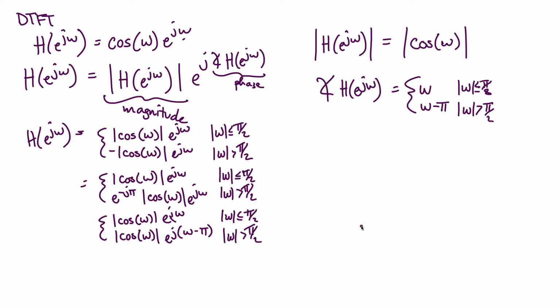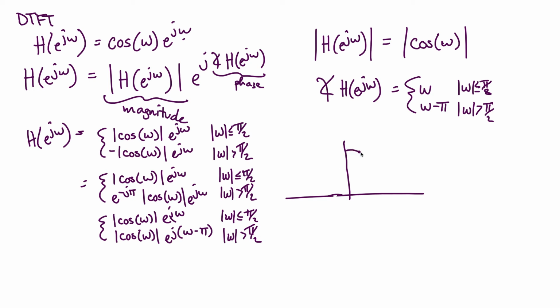All right, so now we can plot these. The absolute value of cosine omega looks something, certainly doesn't look like, the axis certainly doesn't look like that, huh? All right, there we go.